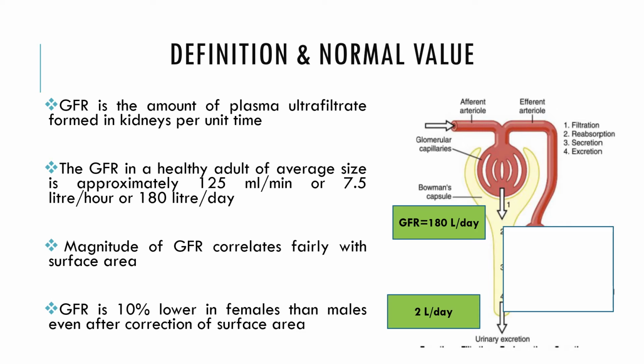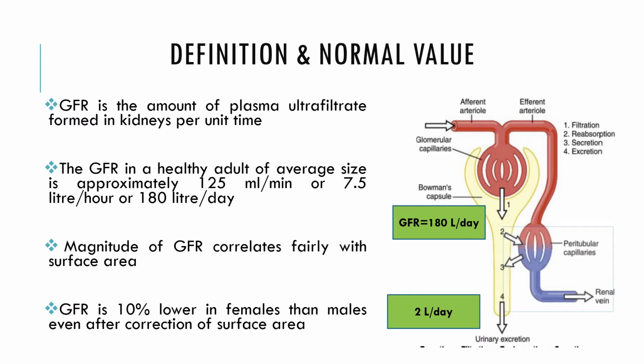But the amount of urine produced per day is only 2 liter per day. So it is clear that a huge amount of fluid reabsorption takes place so that 180 liter can be reduced to 2 liter.